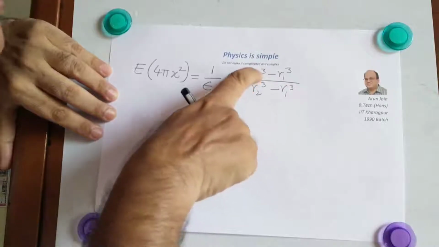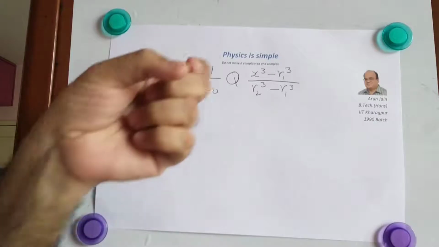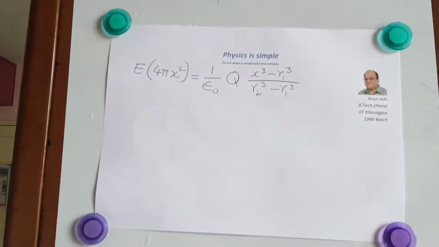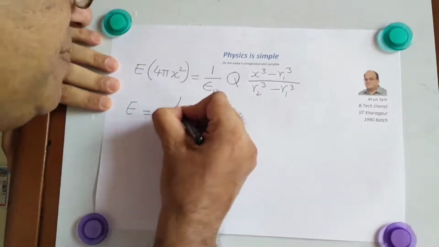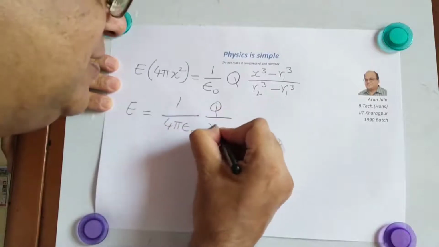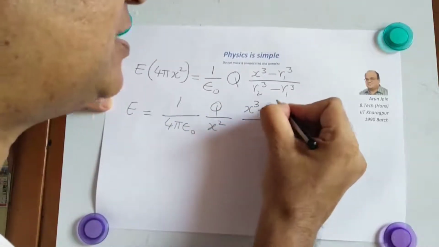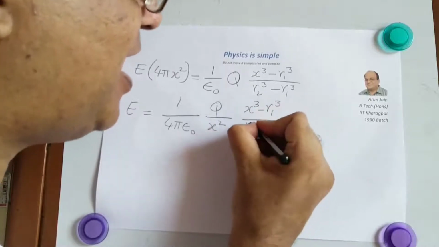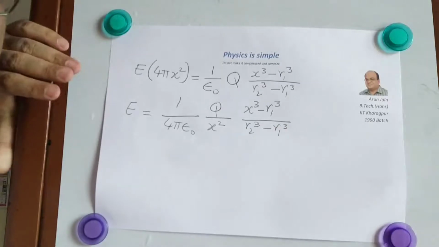This is the volume of material inside the Gaussian surface, and that is the total volume of material, 4 by 3 pi has cancelled from upstairs and downstairs. So therefore this electric field becomes 1 by 4 pi epsilon naught Q by x square, x cube minus r1 cube by r2 cube minus r1 cube.